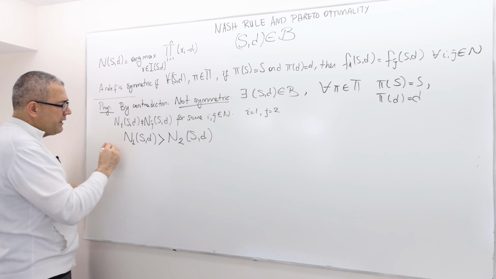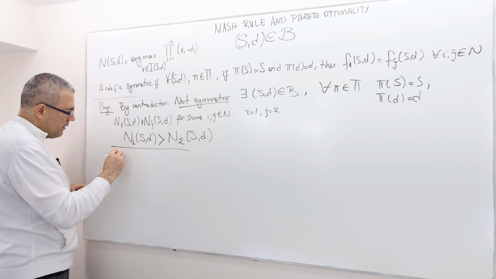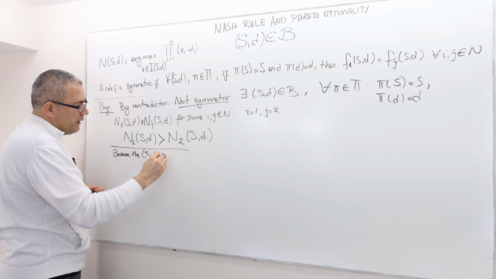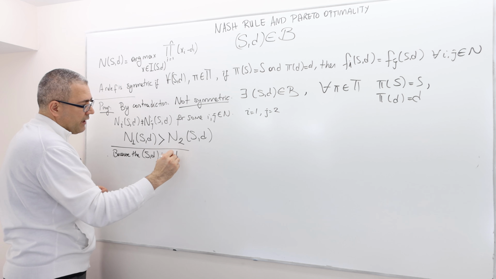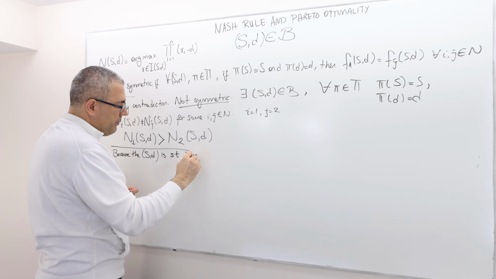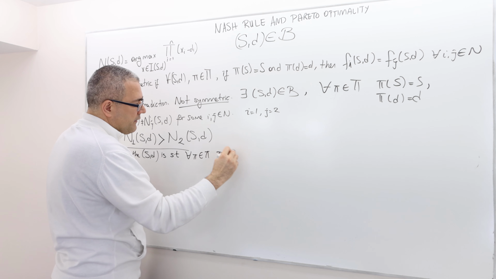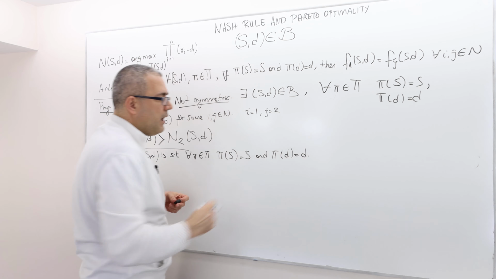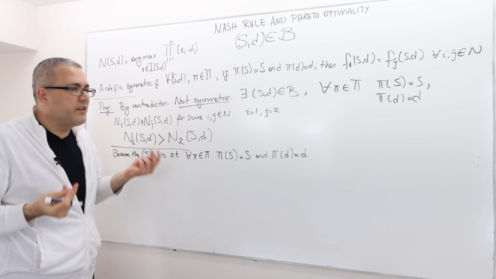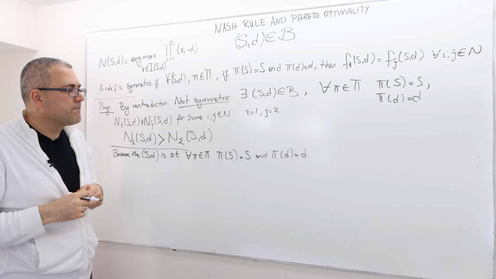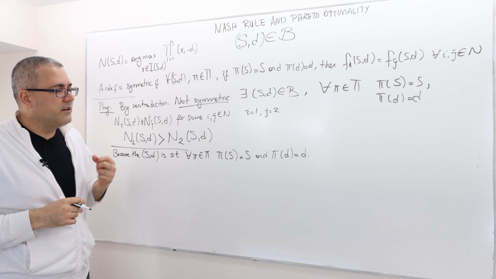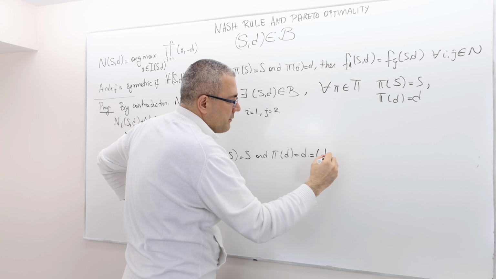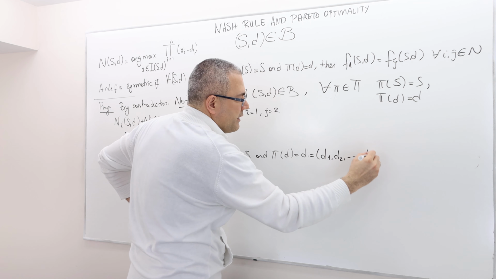Remember, the bargaining problem is such that for every pi, pi of S is equal to S, and pi of D is equal to D. I would like to deduce a few things that hopefully will contradict something. So what can I deduce? Well, remember D is a vector, something like D1, D2, all the way up to Dn.